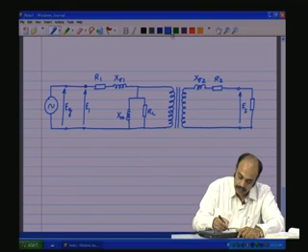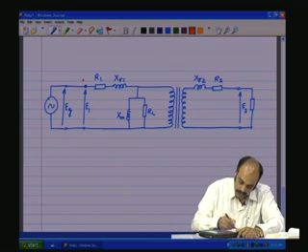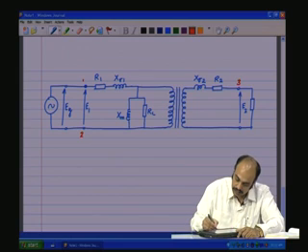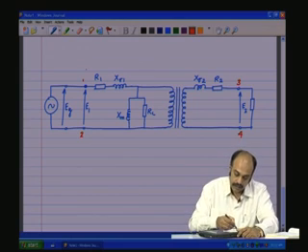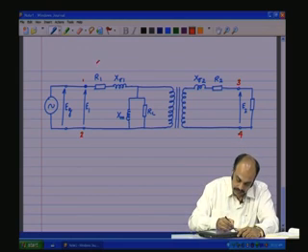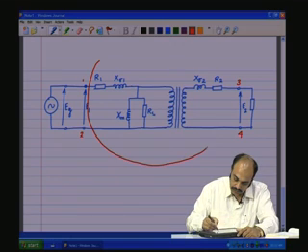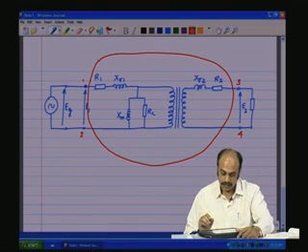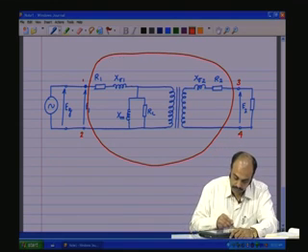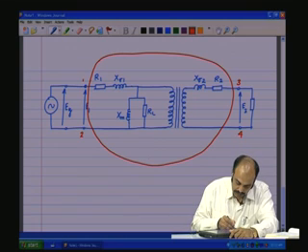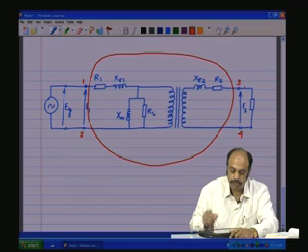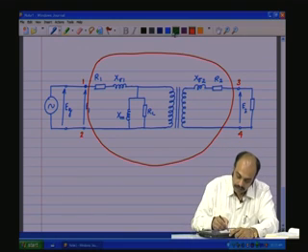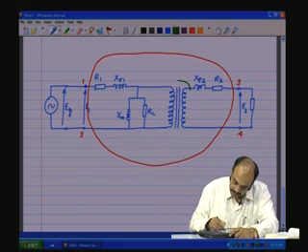If you see here 1, 2, 3, 4, this is the practical transformer. If I draw this red enclosure here, the practical transformer has terminals 1, 2, 3, 4. This portion is an ideal transformer.